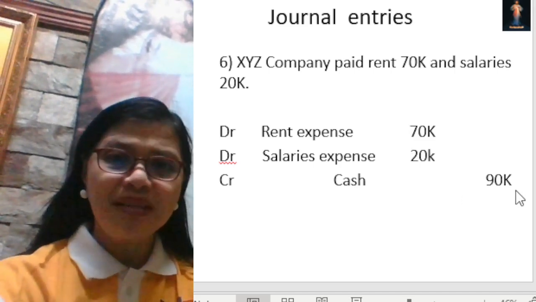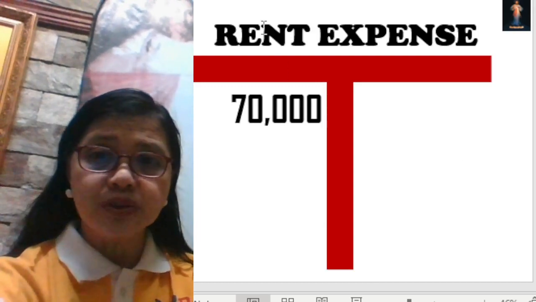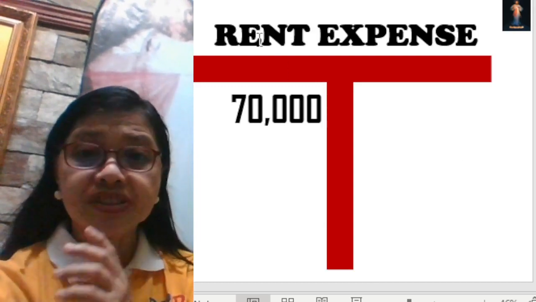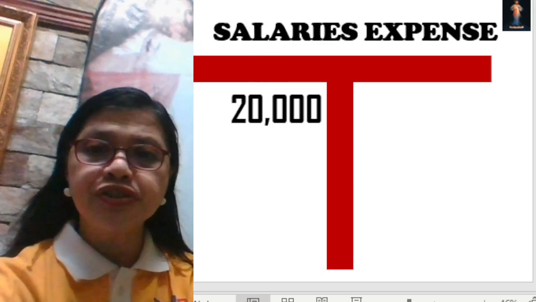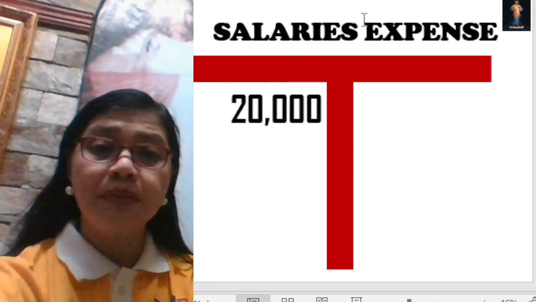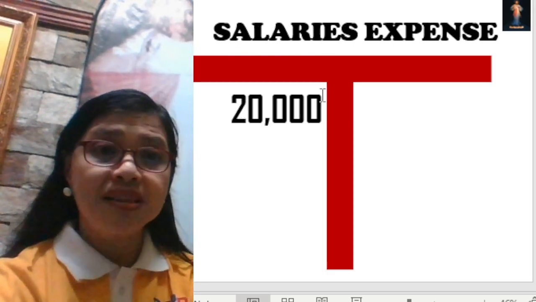I know you're getting it by this time. So you debit rent expense 70,000. Why do you debit? Because rent has a normal debit balance, and you also debit your salaries expense because we said expense has a normal debit balance.